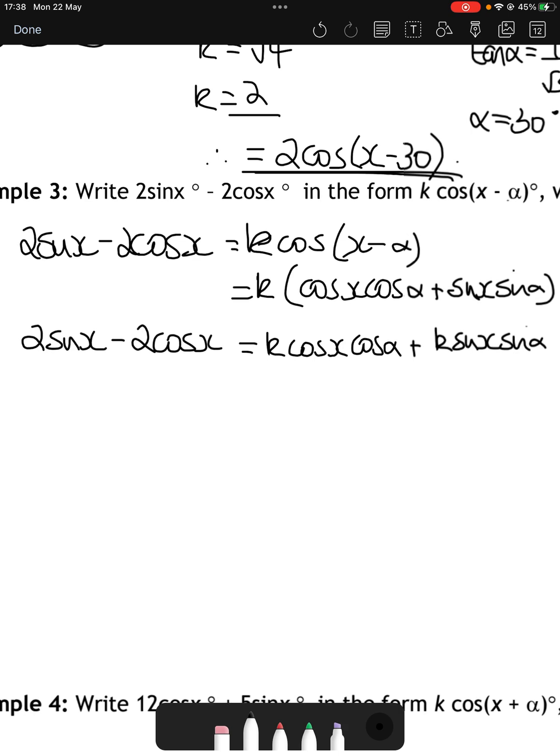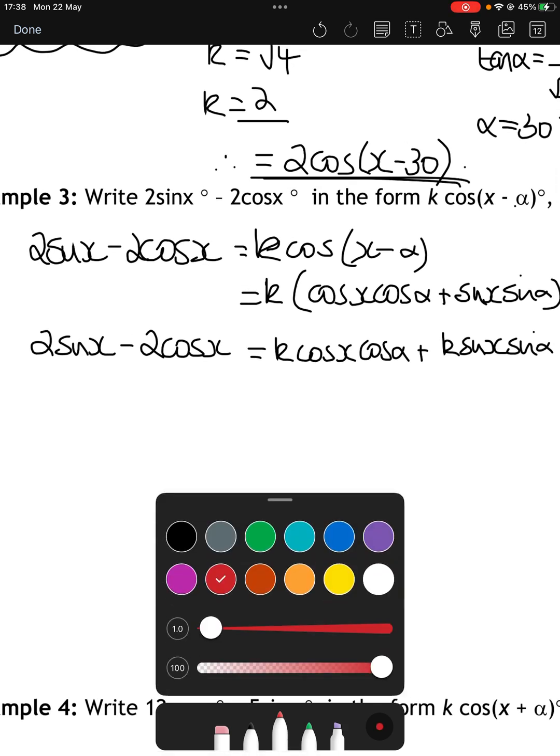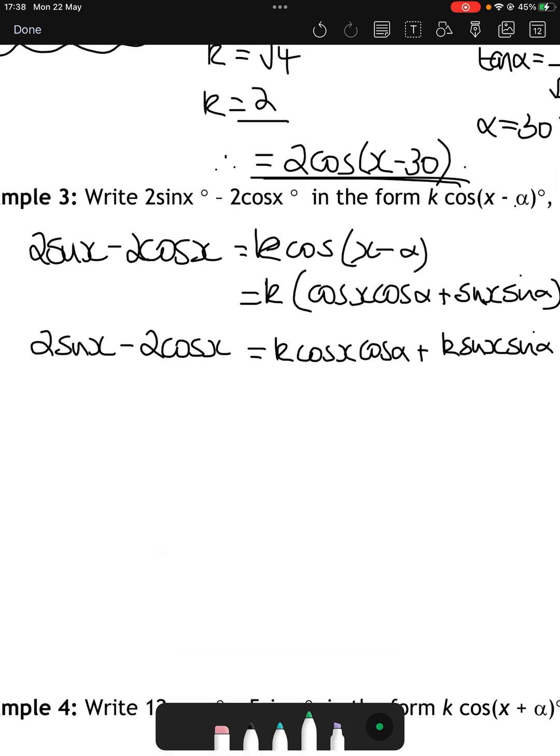Okay, this is where the equating comes in. So let's go for sine x. Right, sine x is over there. So we have a 2. And what do we have? We have a k sine alpha. So 2 is k sine alpha. Cos x is, right, cos x, cos x.